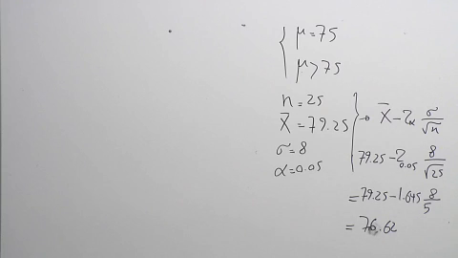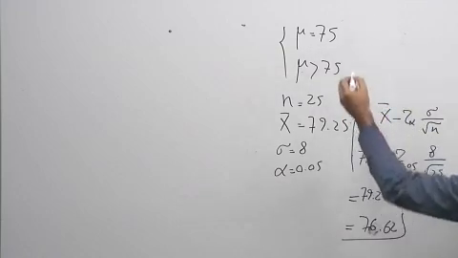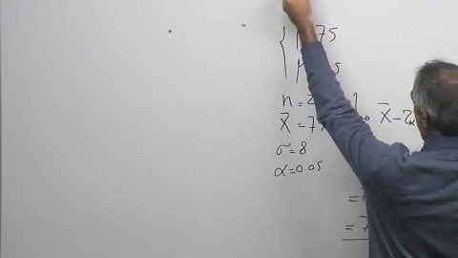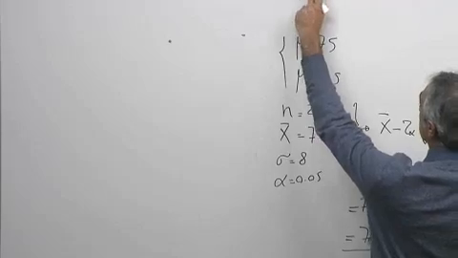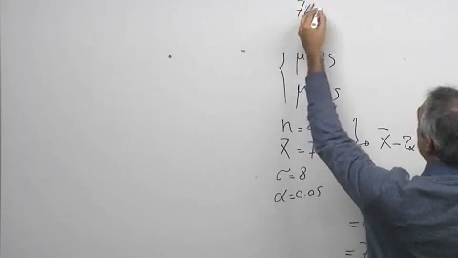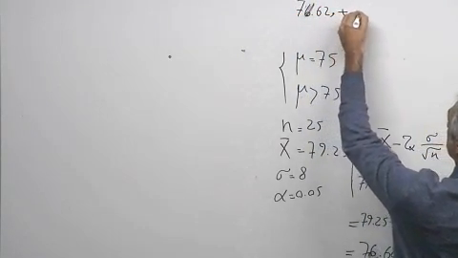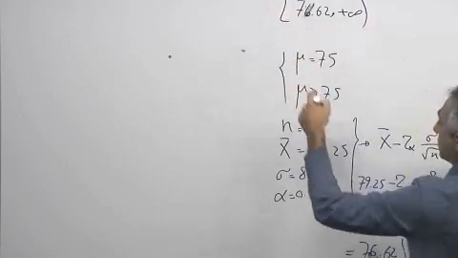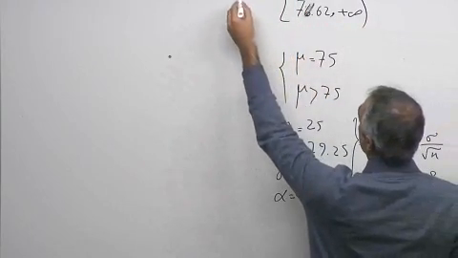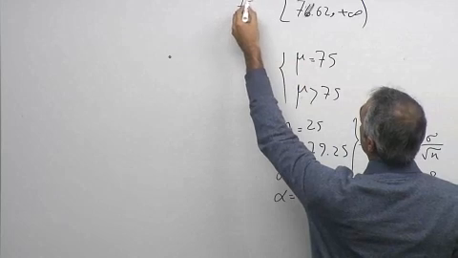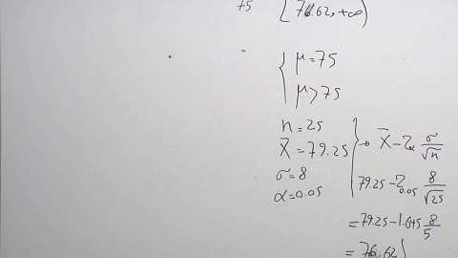So this is basically your confidence interval, from 76.62 to infinity. 75 does not belong to this confidence interval.